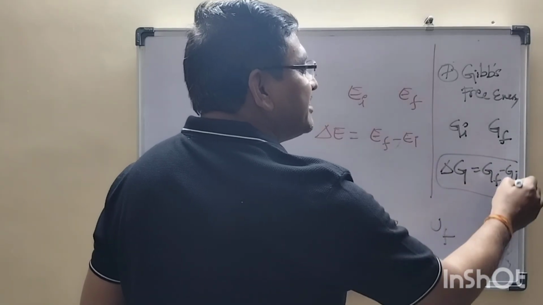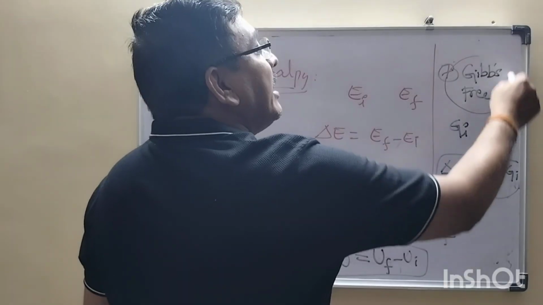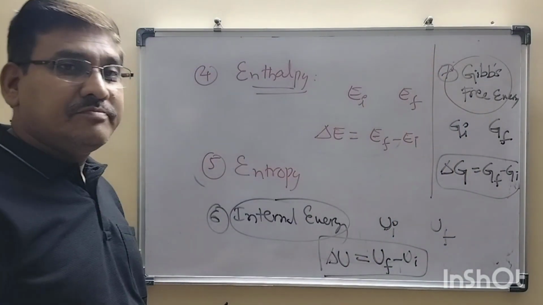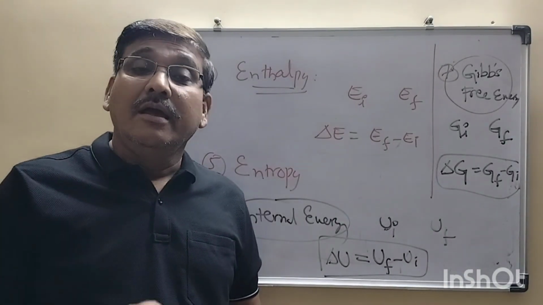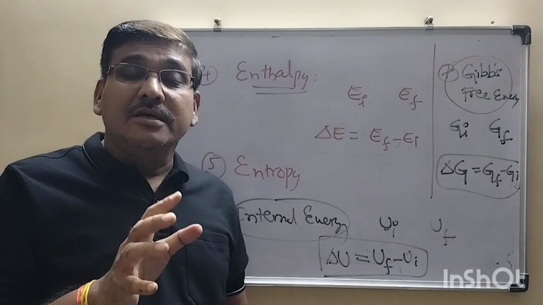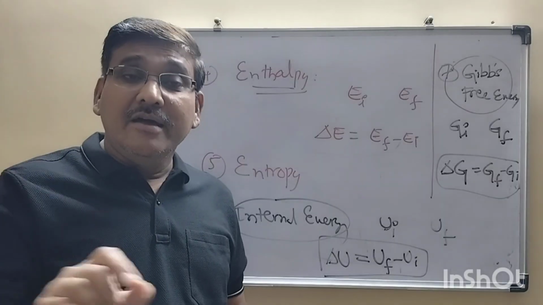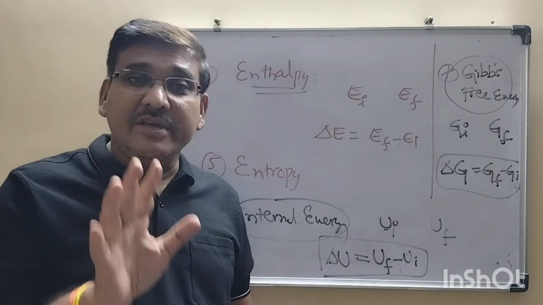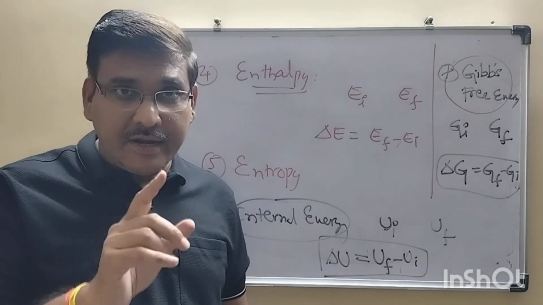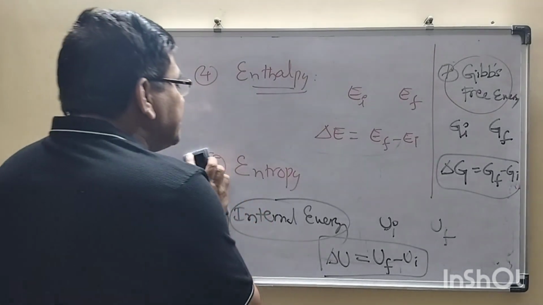So Gibbs free energy is also a state variable. The conclusion is that these state variables depend on the initial and final conditions of the system. Clear? Here I would like to explain by means of a simple graph.